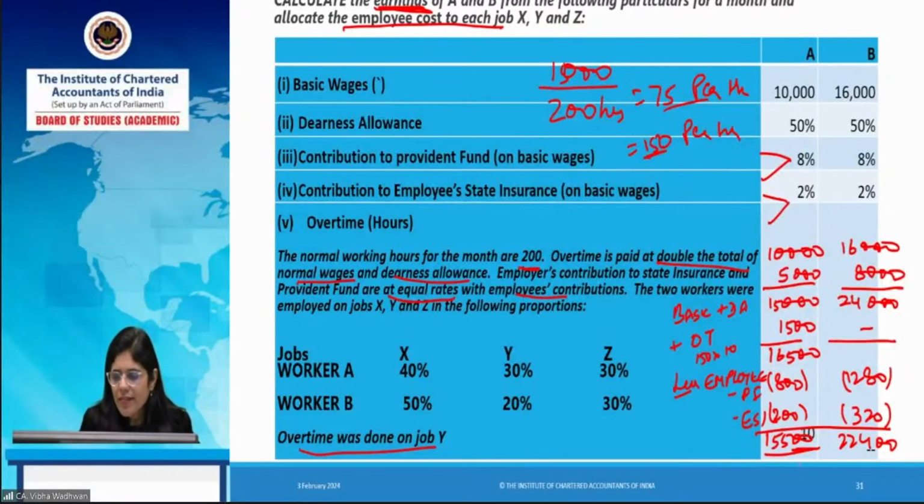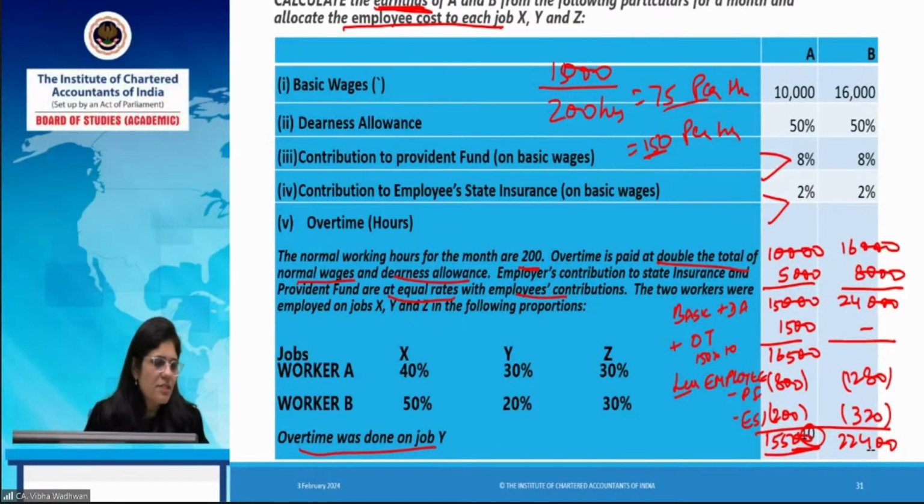For overtime, the worked hours are 10. This is here, it's just hidden from the board. Then employee contribution to PF and ESI will be deducted when we calculate the earnings. So A will get 15,500 in hand and B will get 22,400 in hand after deductions of PF and ESI.